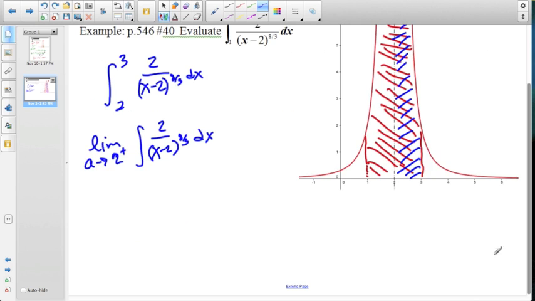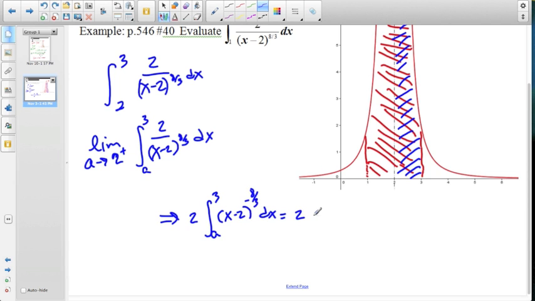Again, I'm going to step aside here and just do the integration. This lower bound would then be a, and this upper bound would be 3. So I'm going to pull out the 2 and integrate from a to 3, x minus 2 to the negative 8/3 dx.